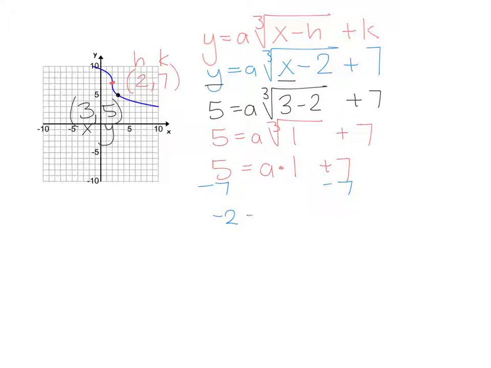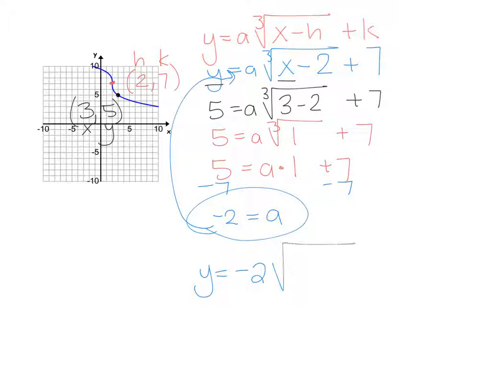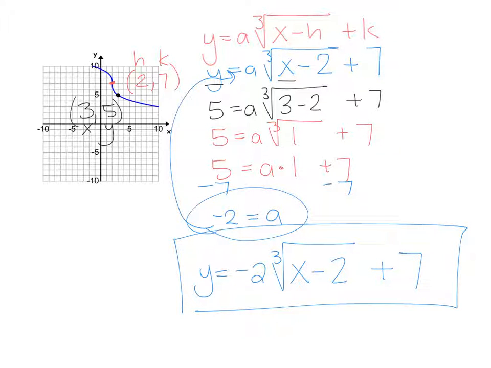So -2 equals 1a. So -2 equals a. So if we just plug that in right there, we'll have our equation. Y equals -2 times the cube root of x minus 2 plus 7. Sure enough, that's a cube root that decreases, so it very much agrees with our picture.